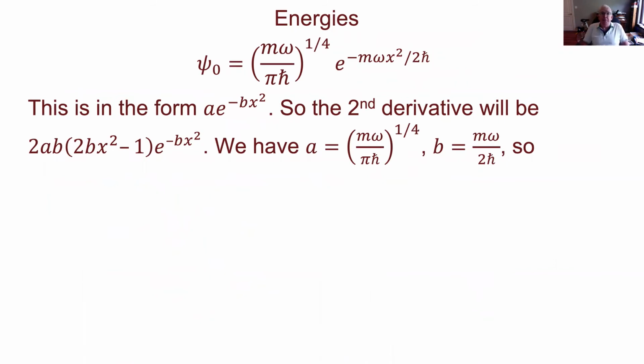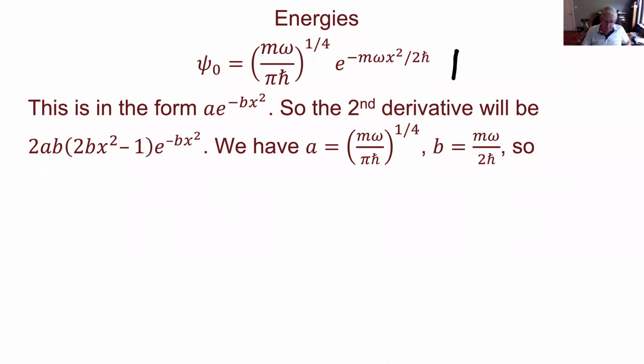Next up, now that we have wave functions, we want to find energies. And so if I want to find the energies, I'm going to take this wave function, the psi 0 wave function, and it's got some converting done.